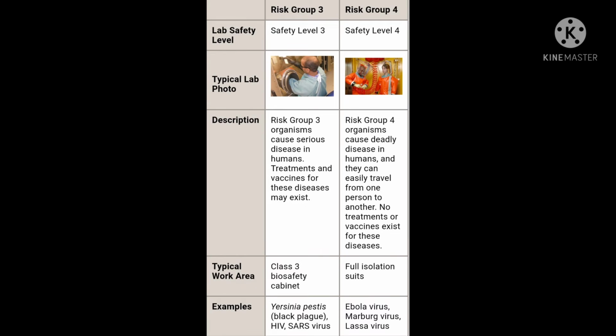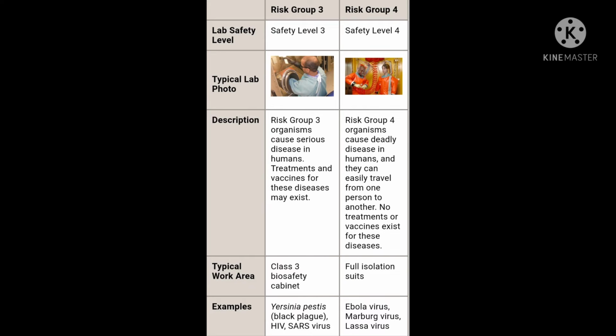Let's use again this photo from IGEM, the comparison between risk group 3 and risk group 4. As what you can see there, the typical PPEs or personal protective equipment per risk group differs also, while the working area for risk group 3 makes use of a class 3 biosafety cabinet, while for risk group 4 makes use of full isolation suits.